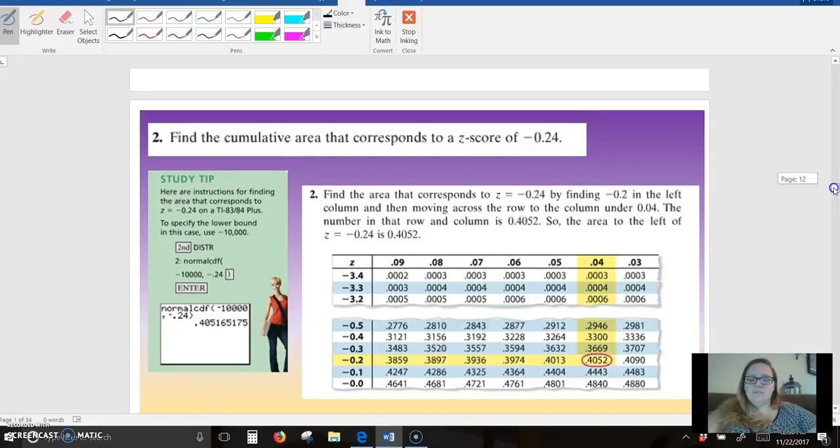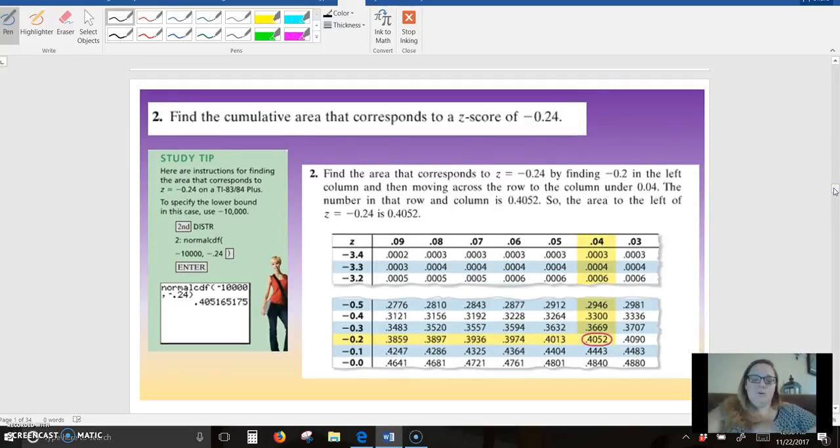Let's do another one, negative 0.24. And so we're going to go to -0.2 and then 0.04. And so we get 0.4052. We could also, in our calculator, look over here, push second vars, go to normalcdf.